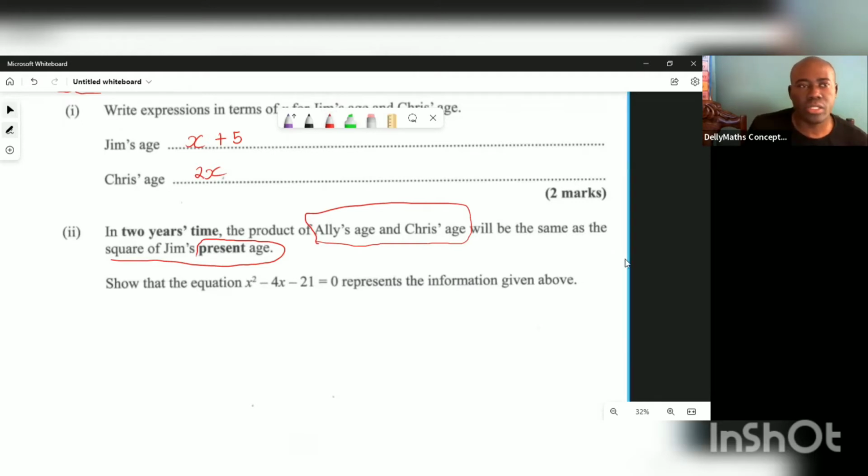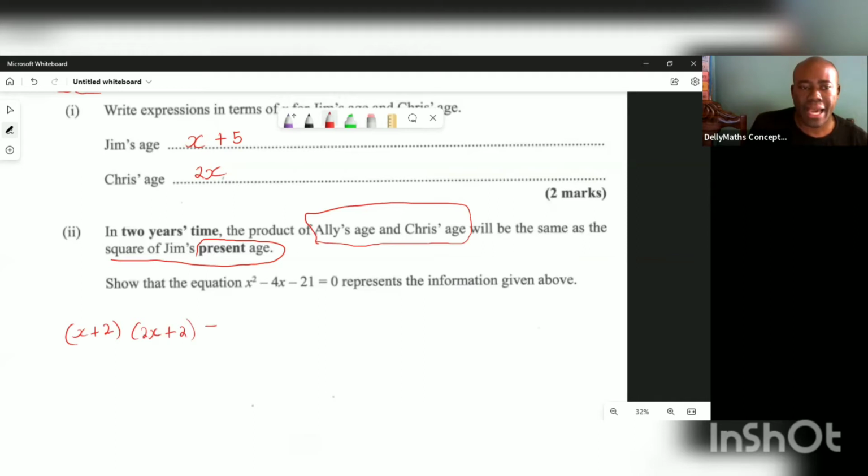So what we want to do is consider the product of Chris and Ali's ages 2 years from now. 2 years from now, Ali will be x plus 2. 2 years from now, Chris will be 2x plus 2, because you're adding 2 to their current ages.